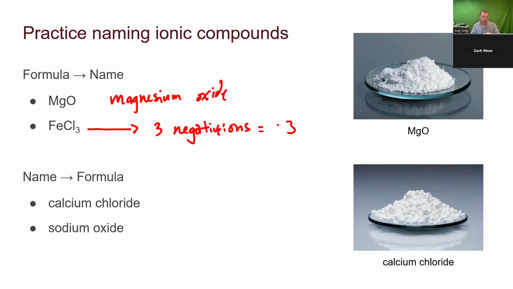The three chlorides give us a -3 charge. If the chlorides give a -3 charge collectively, then what is the charge of Fe in order to neutralize that or cancel that out? Yes. Okay. So that's a good reference point for you to always think about and look at.